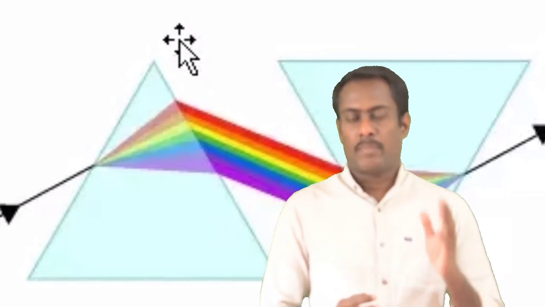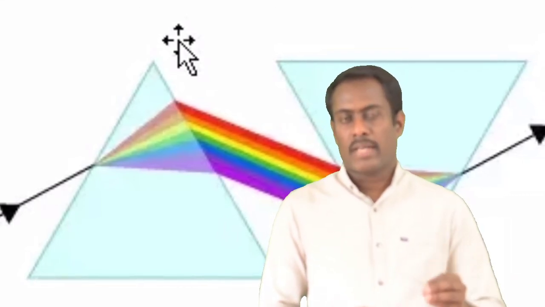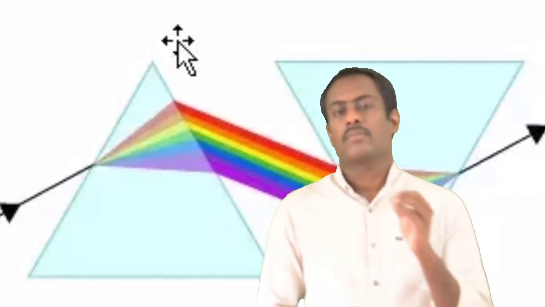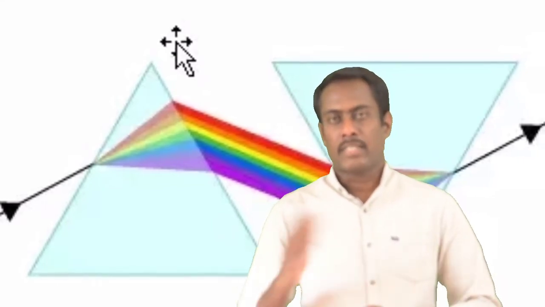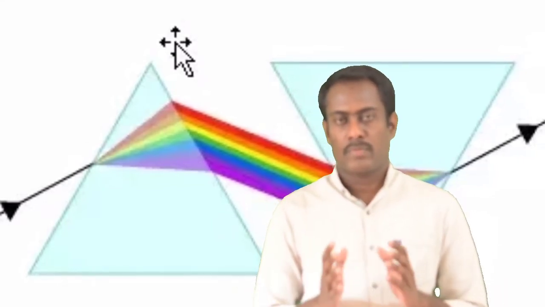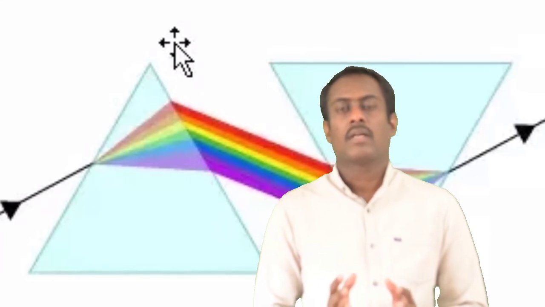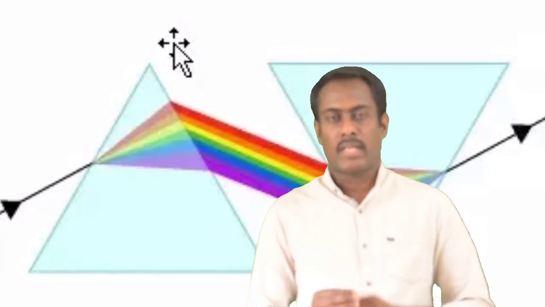So a prism splits the white light into a band of 7 colors called the spectrum, and a combination of 2 prisms will give the white light again.